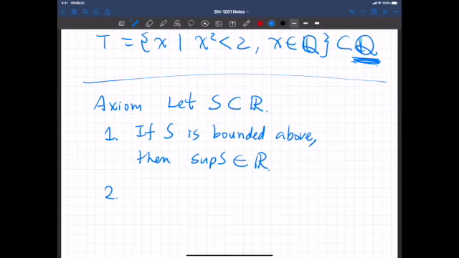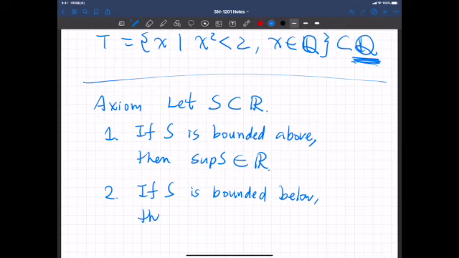And second, if S is bounded below, then infimum of S is a real number.